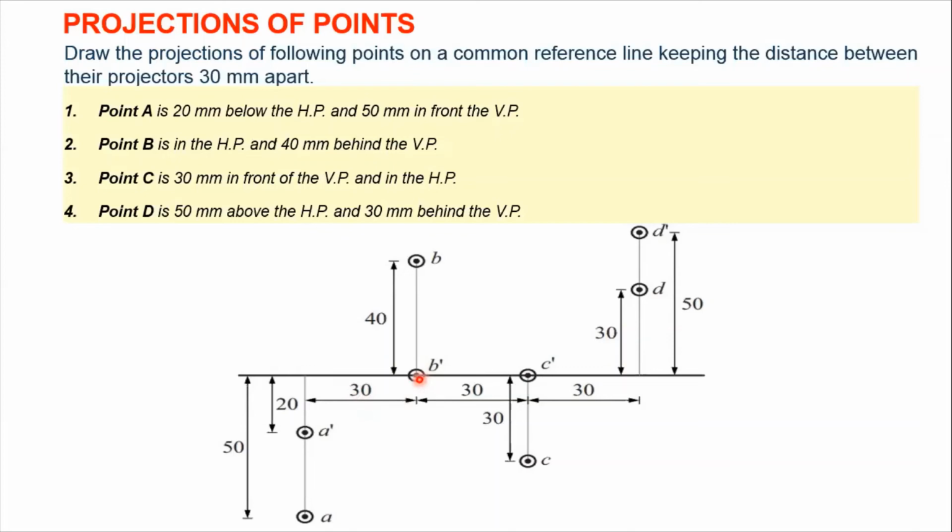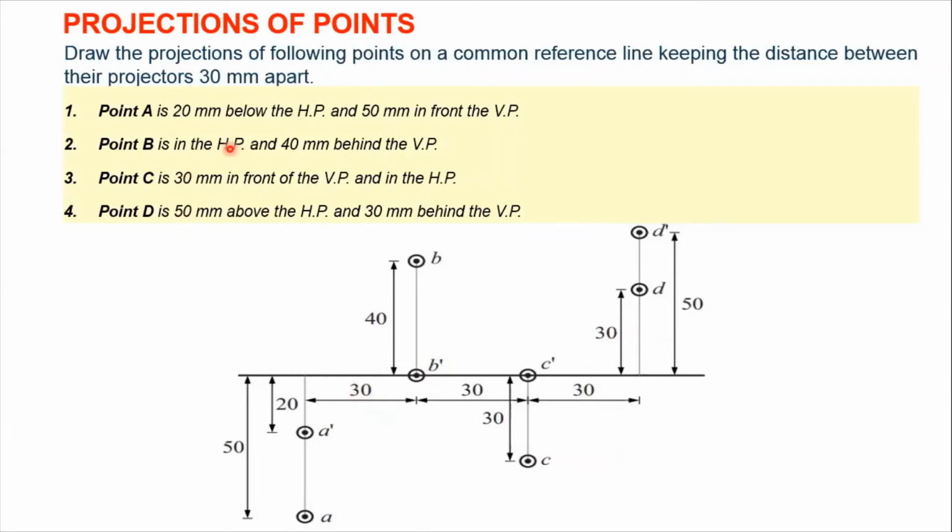For the next two projectors, B dash B and C dash C, we'll be keeping this horizontal distance 30, and for C dash C and D dash D, we can keep this distance at 30, as it is said in this example. Keeping the distance between their projectors should be 30 mm apart. That means you will be plotting each of the examples 30 mm apart.